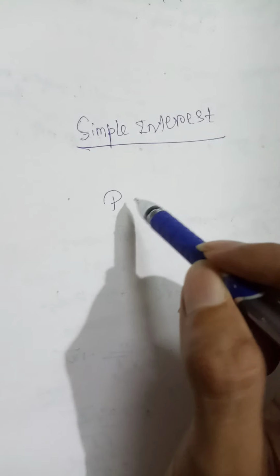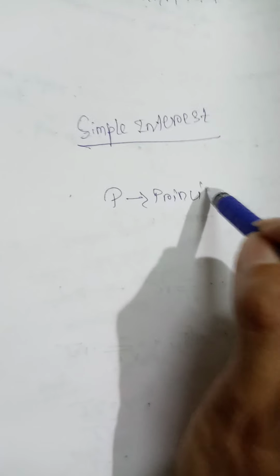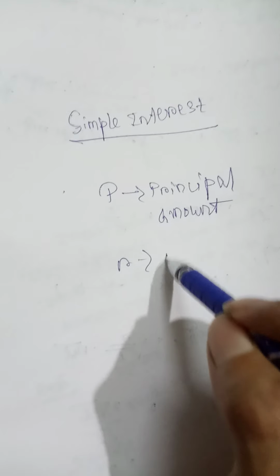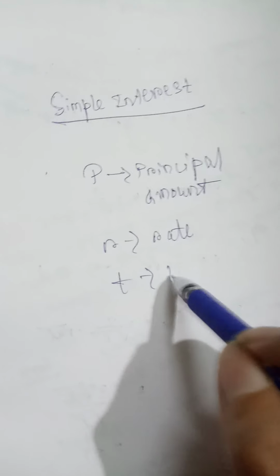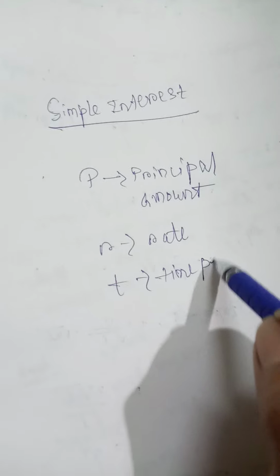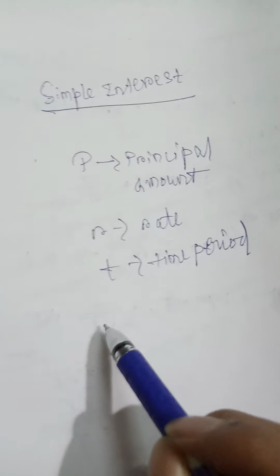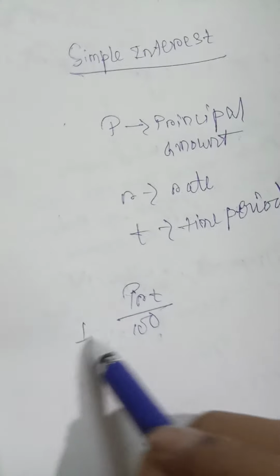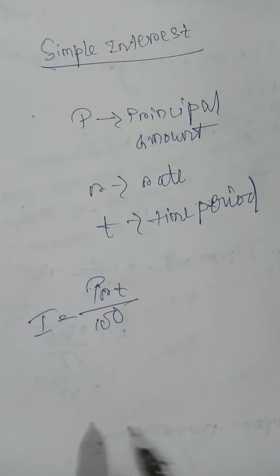If P is the principal amount, R is the given rate of interest and T is the time period, then PRT by 100 is equal to the interest. This is how we can calculate it.